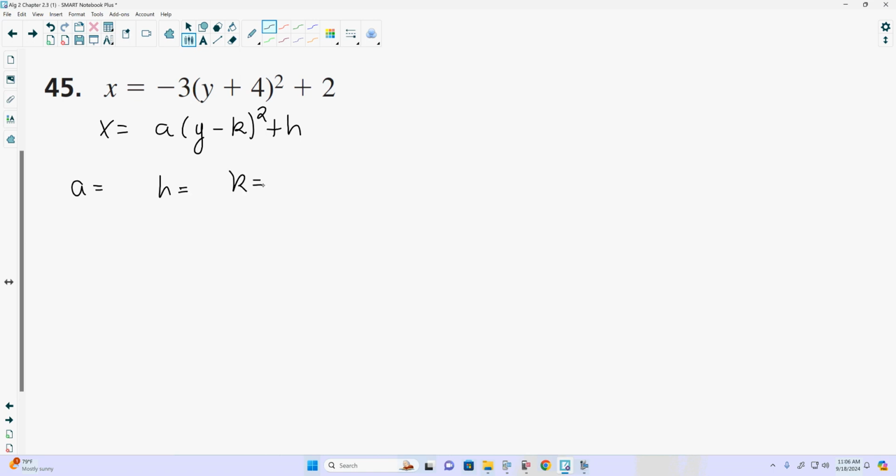A, h, k. If you want to list it a, k, h, that's fine too, since h and k did flip again. What's our value of A? h is 2. k is -4. We can go on and find P, because P is equal to 1 over 4A.